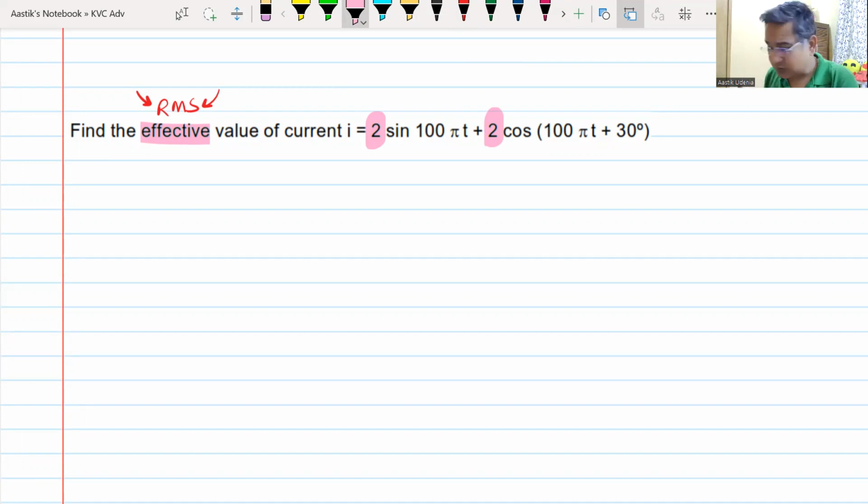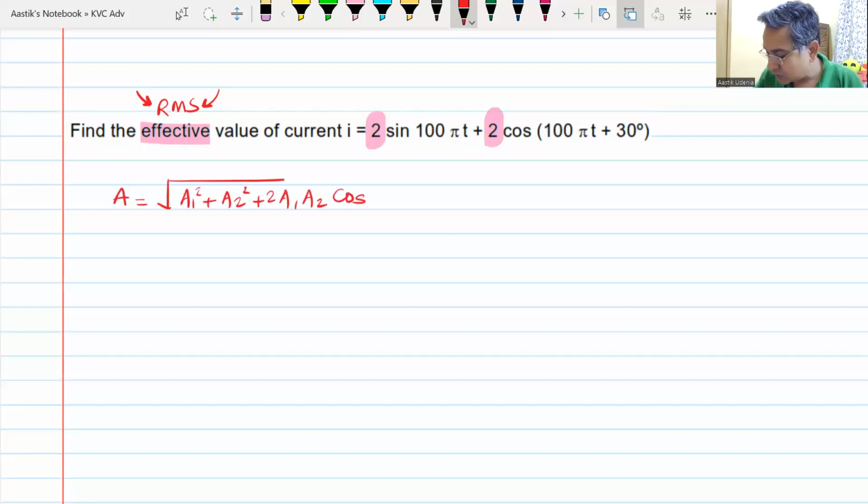So if someone asks you to find the RMS value of this, you just have to find the resultant amplitude. How will you find the resultant amplitude of these two waves? It will be equal to root over a1 square plus a2 square plus 2 times a1 a2 cos phi or cos theta. You just put the values and get the answer.